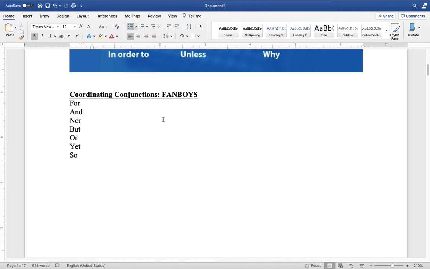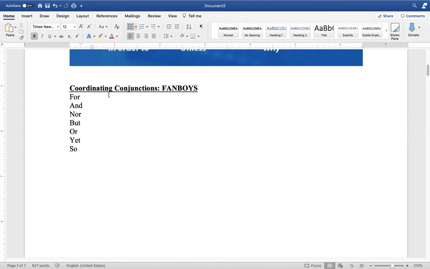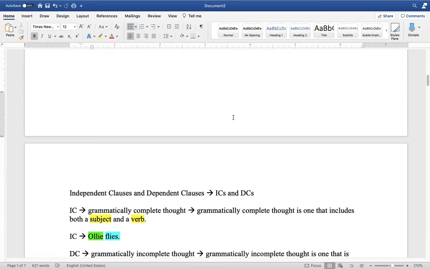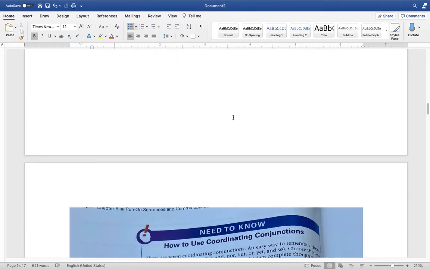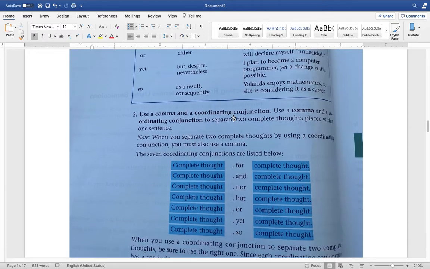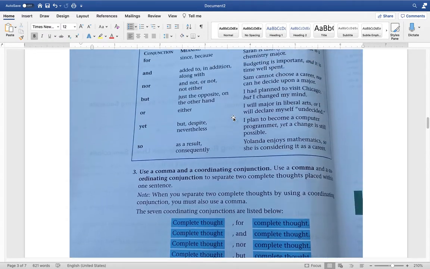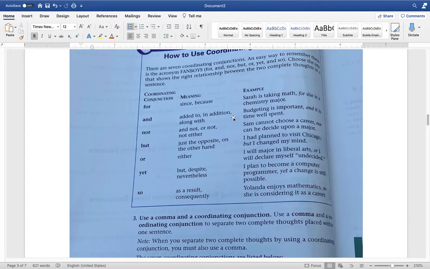So again, here I have subordinating conjunctions and our coordinating conjunctions, our FANBOYS. And I did take two pictures. They're not the greatest pictures. I could have scanned them, but I just took a picture with my phone.